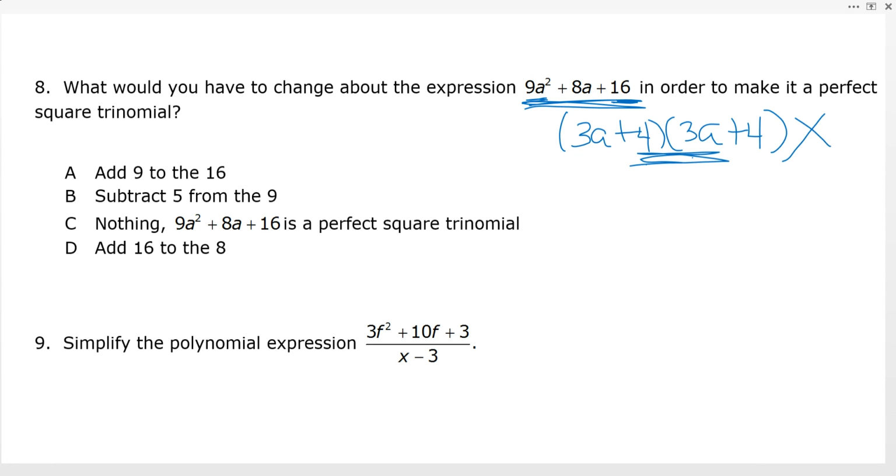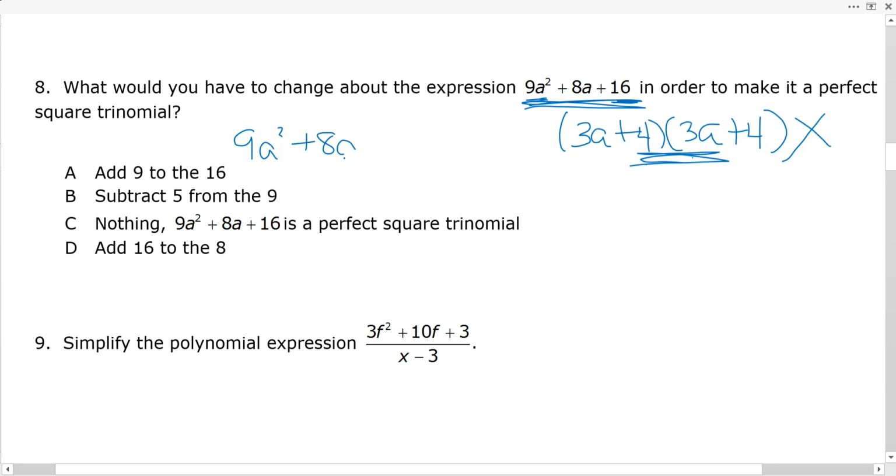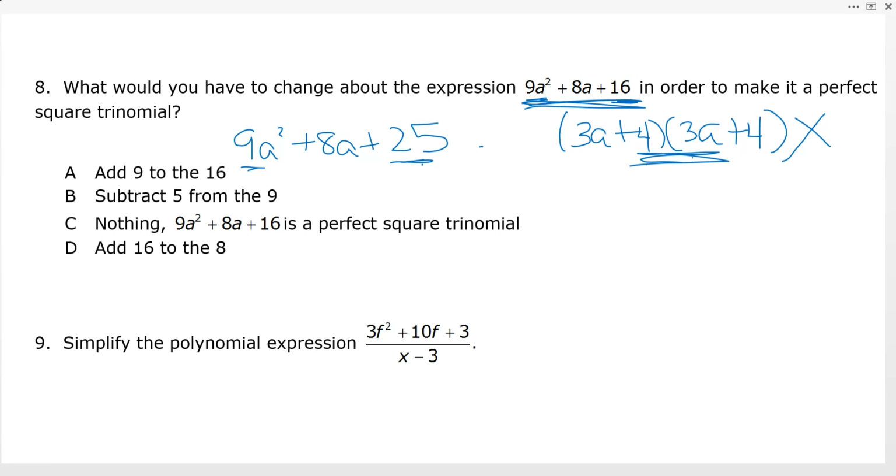So the first thing it says to do is add 9 to the 16. So that would make it 9a squared plus 8a plus 25. So again, we've got perfect squares at the front and the back. But when we do that, we change the 4 to a 5, which is really going to make the middle number bigger, not smaller.